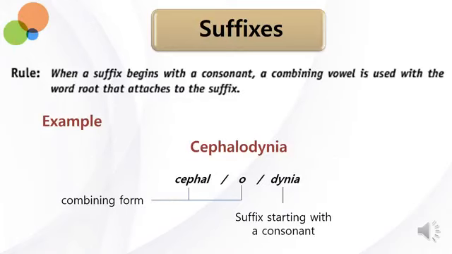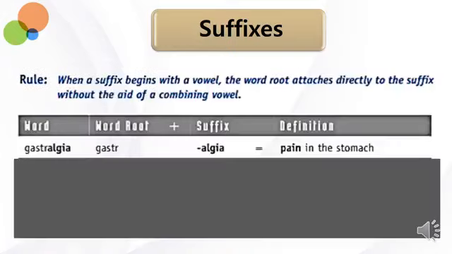In the previous rule, I mentioned the suffix that starts with a consonant. In this rule, we are going to deal with the suffix which starts with a vowel. In this condition, I can attach the suffix directly to the word root without the need of a combining vowel. The example here is the word gastralgia.